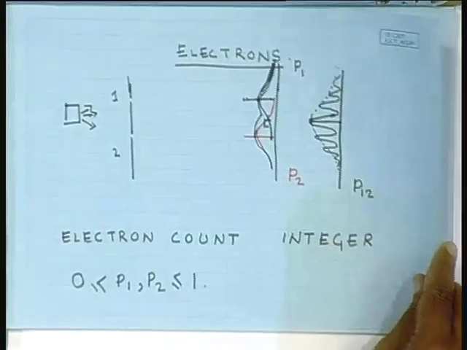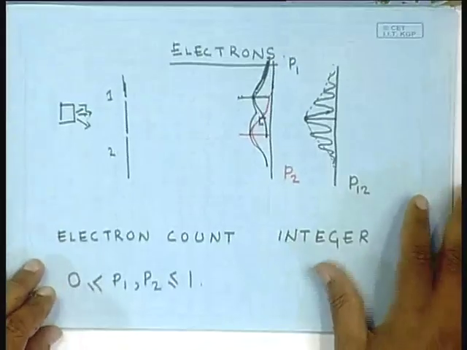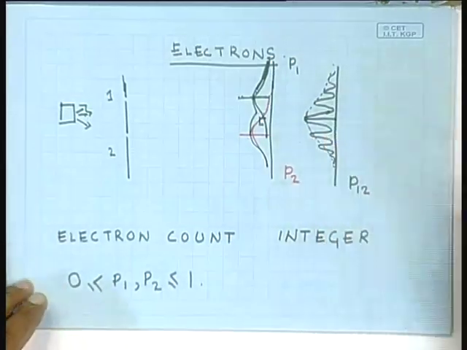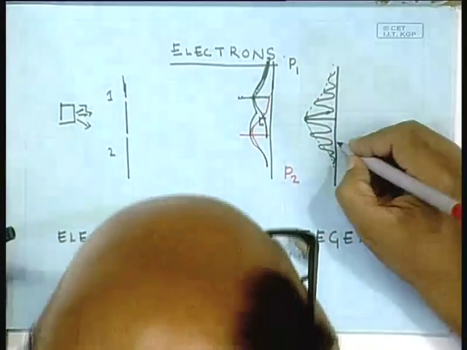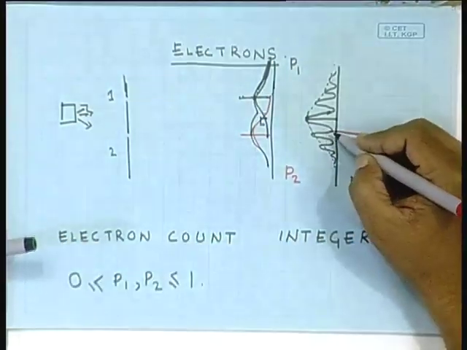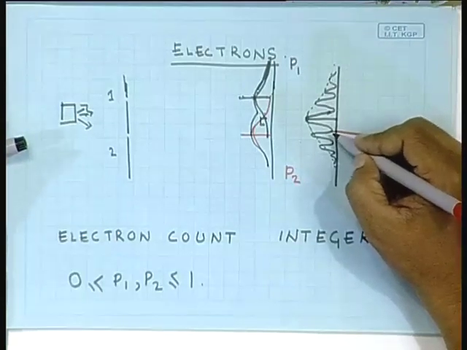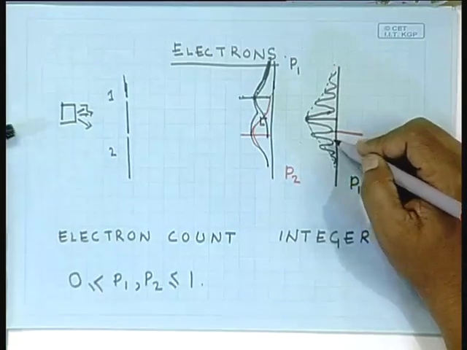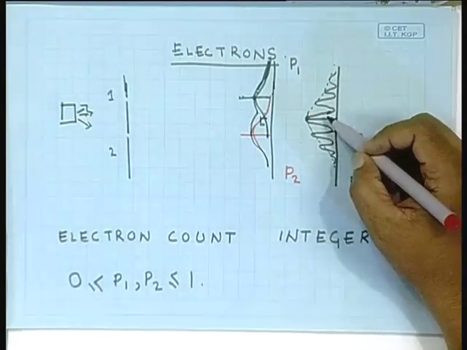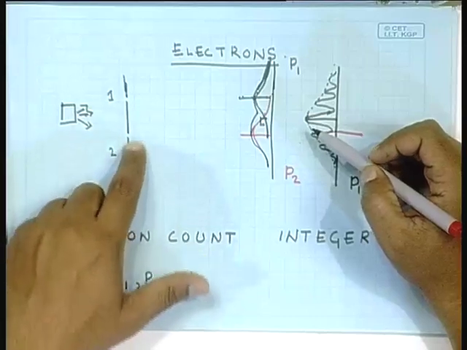And the crucial point is that there are points, for example this point over here, where the probability of the electron arriving here is smaller than the sum of the probabilities when the individual slits were open.